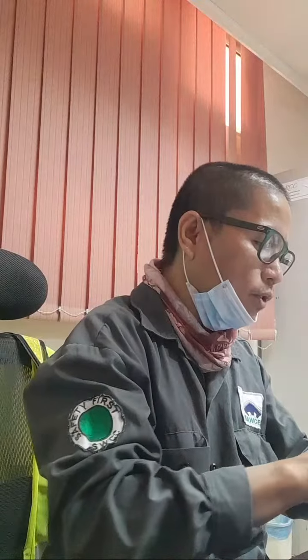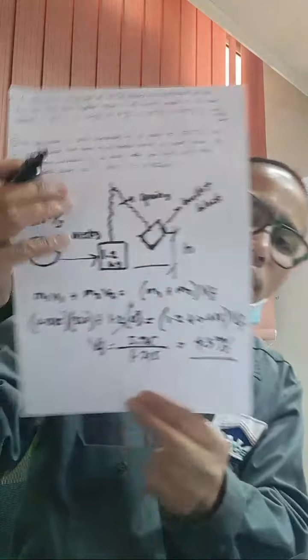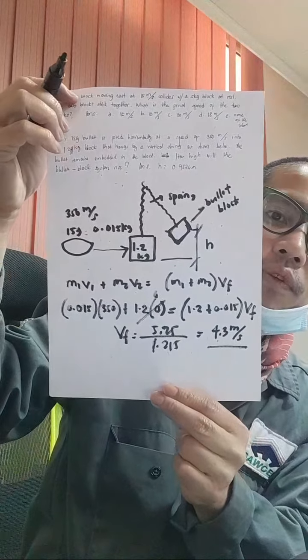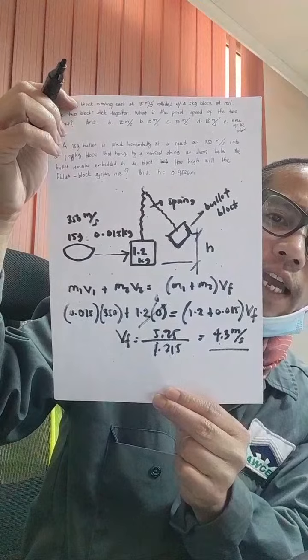So 5.25 divided by 1.215 equals 4.3 meters per second. So the final velocity is 4.3 meters per second.